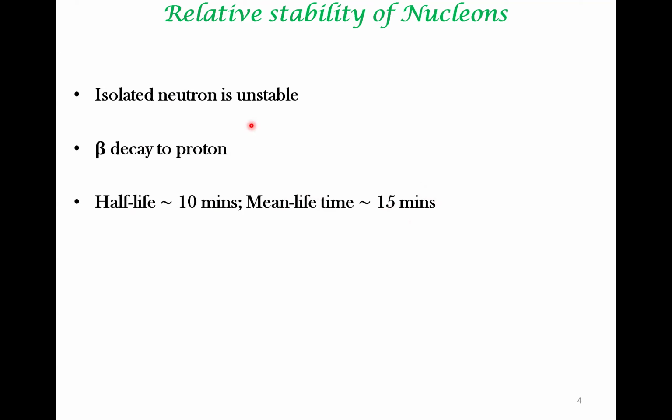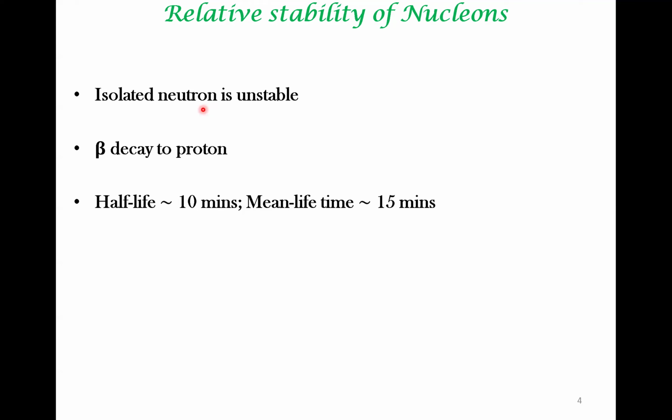In order to stabilize, a neutron has to be present along with, let's say, a proton. For example, hydrogen doesn't have a neutron, but an isotope of hydrogen, deuterium, has one neutron and one proton.